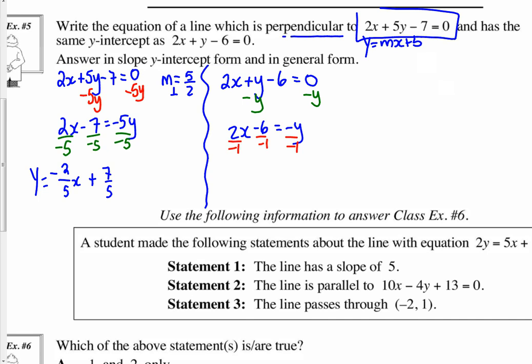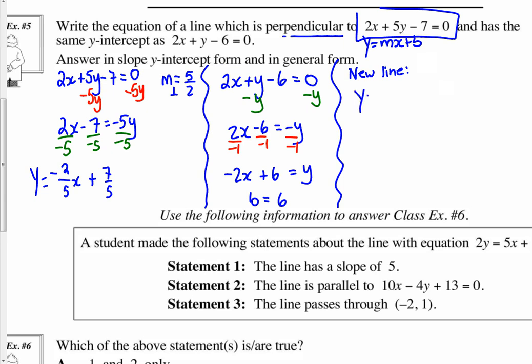We get negative 2x plus 6 equals y. So what does that tell you about our line? The intercept, the b value, is 6. So for our new line, can we go straight to general form, or do we have to use y equals mx plus b?